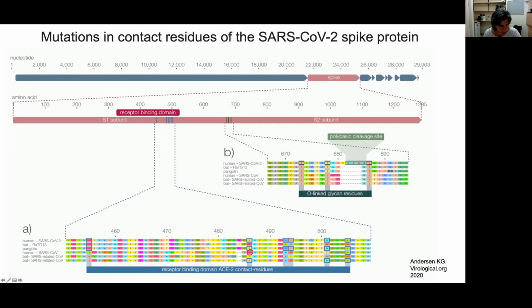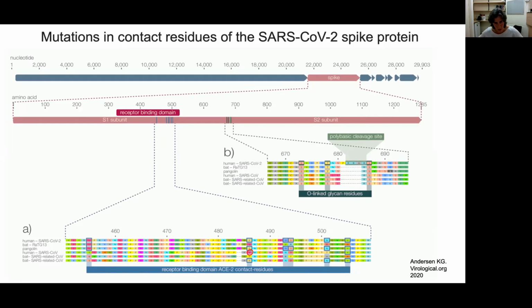When you look at the bat virus, it has only one residue which is identical, this L over here. If you look at the pangolin, you can see that all 6 residues, 6 out of 6, are identical to the current SARS coronavirus, which was the reason that people thought that the pangolin is the intermediate animal.